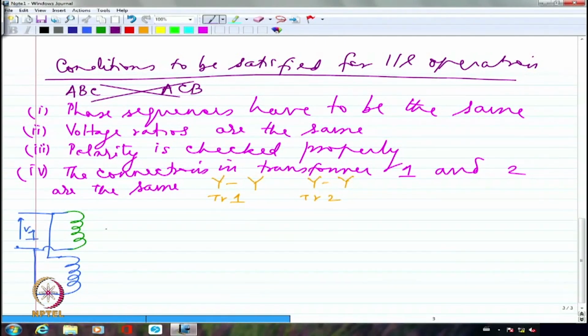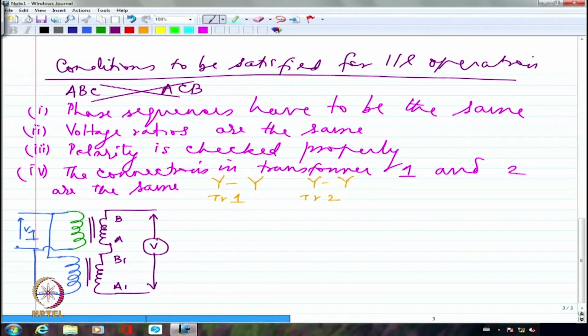And this is my secondary here, right? Now let me name this. This is A, B, this is A1 and B1. So I am going to connect these two together and connect a voltmeter across this.